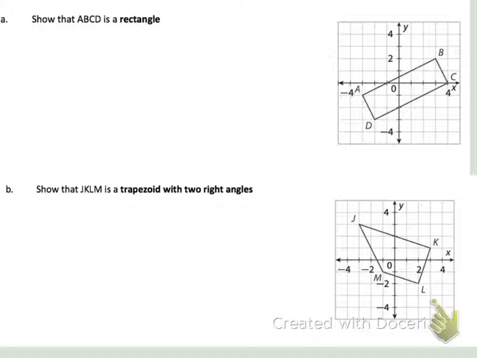So one approach would be to show that opposite sides were parallel, to show it's a parallelogram, and then show that one of the angles was 90 degrees by showing one of the pairs was perpendicular. But since we've got to calculate the slope anyway, we might as well dig right in and find the slopes of all of these sides, and then see if we've met the criteria to prove that all these angles are right angles.